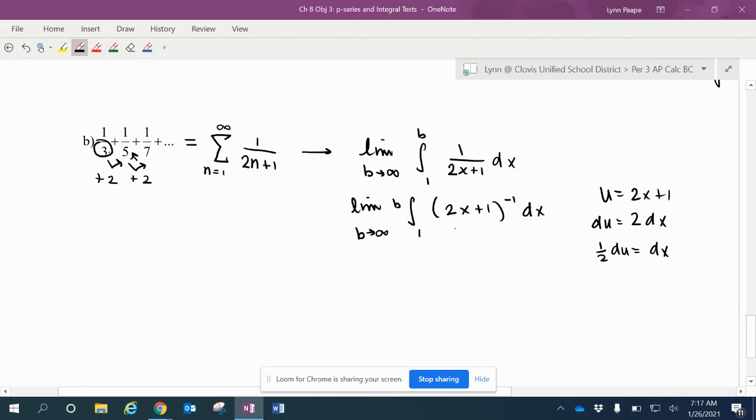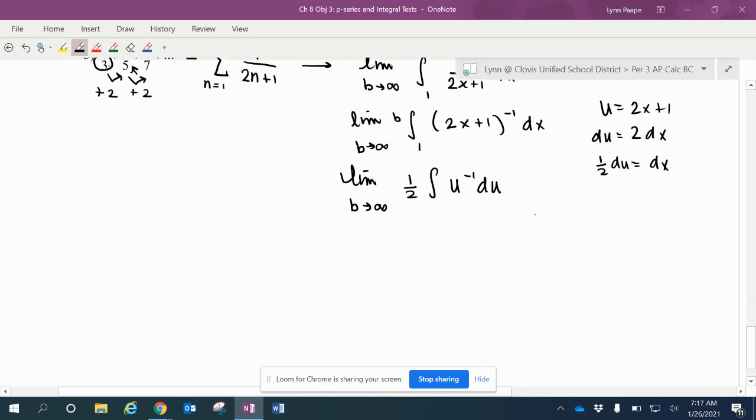And so this would end up being u to the negative 1, which is just natural log, right? And so I have that 1/2 out front. And then I'm not going to find the new limits because when I do my rewrite, I'm going to make sure that I do that substitution at the same time. So that 1/2.